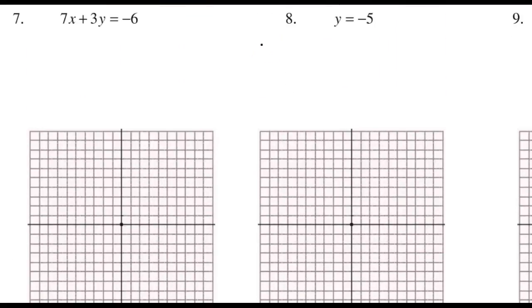Okay. So let's go down to number 7. If you think you can do number 7 on your own, try it out, and then check with mine and see if you get the same thing. Start by identifying this is a positive 7x, and subtract 7x on both sides.